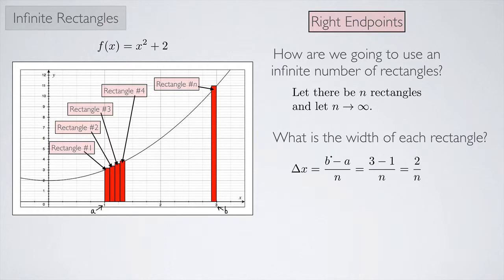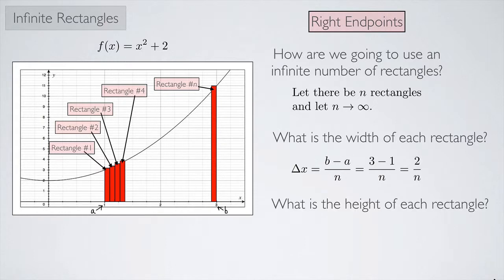Remember, we have n rectangles, so if I divide up this length into n different little slots, then that would be 3 minus 1 over n, or 2 over n. That's the width of each rectangle when I have n rectangles.